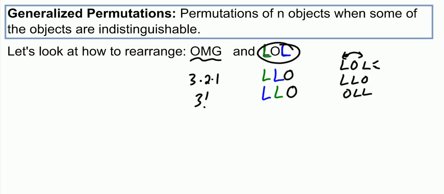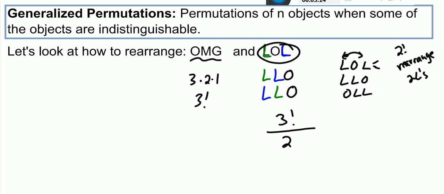So if I just did 3 factorial, I would be counting each of these twice, and that's because there's 2 factorial ways to rearrange the 2 L's. So we take the 3 factorial, treating them all as distinguishable characters, but they're all going to be overcounted by 2 factorial ways because of the 2 L's.